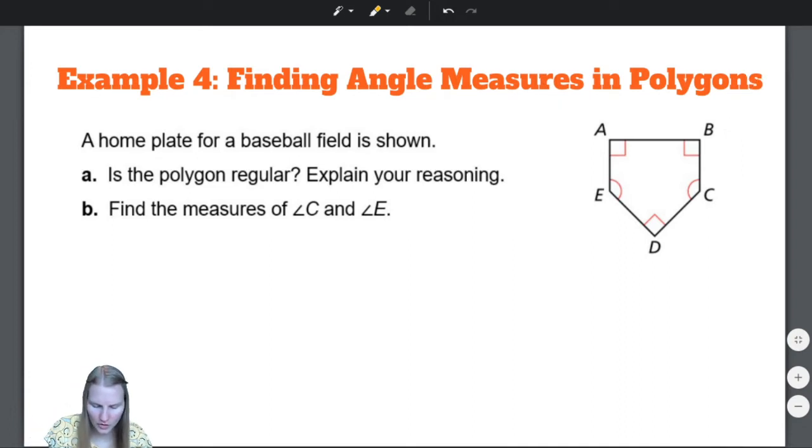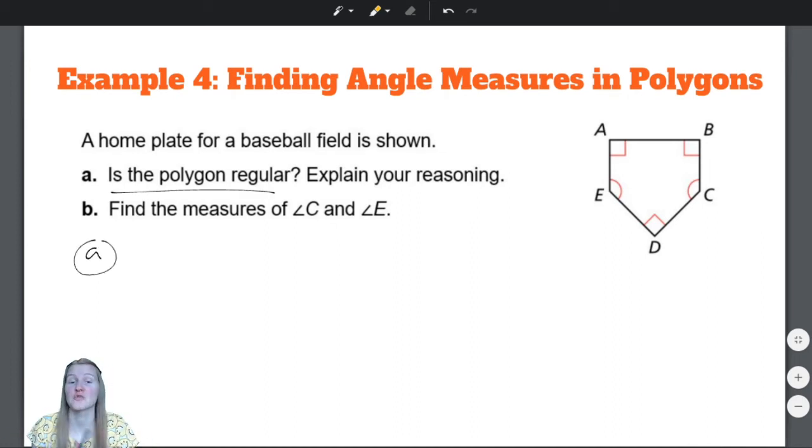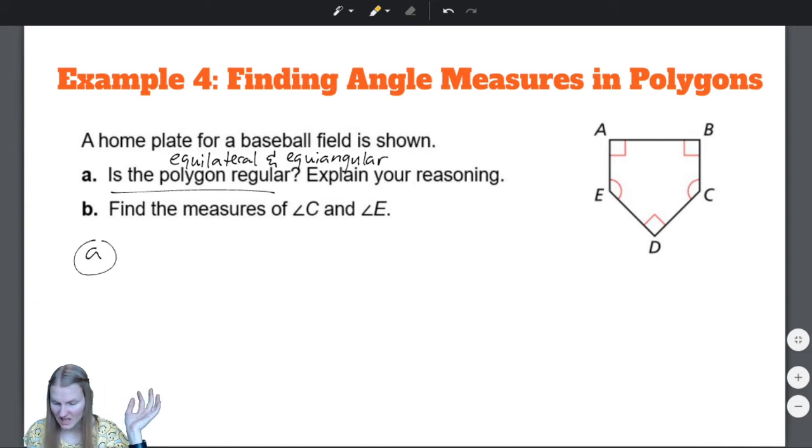So, first question, part A is asking, is the polygon regular? Explain your reasoning. Remember that a regular polygon means that all the sides are the same, it is equilateral, and all the angles are the same. It is equiangular. Now, it looks like side AB is bigger than AE and BC.